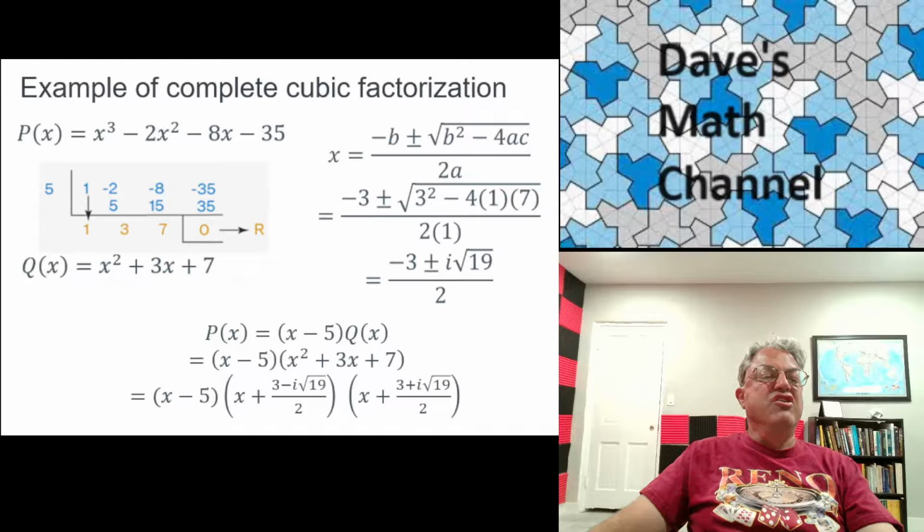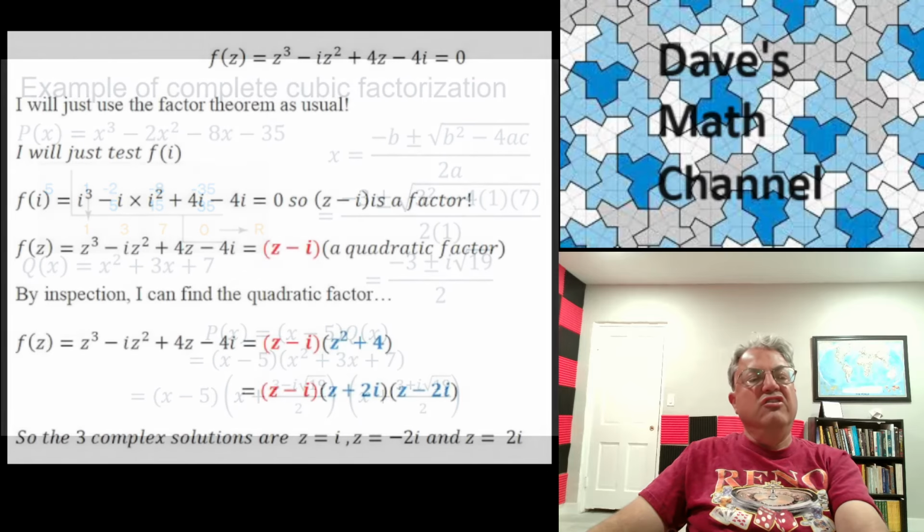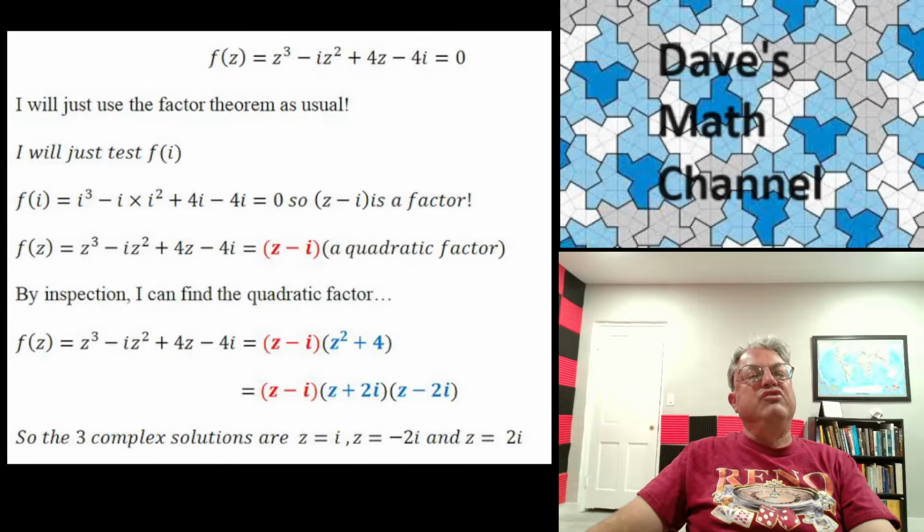Those are the two roots of the quadratic polynomial, and then you also have x minus 5. So that is the complete factorization over the complex numbers of the polynomial that we started with. Pretty neat.